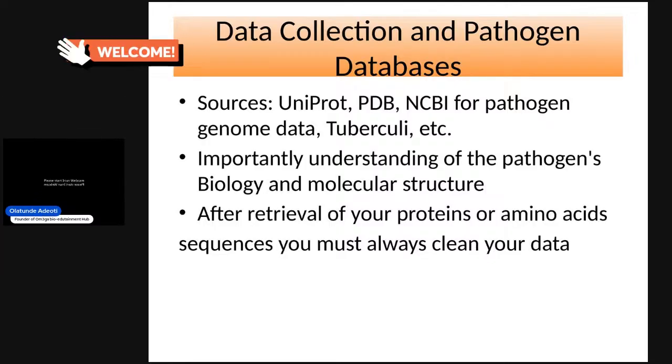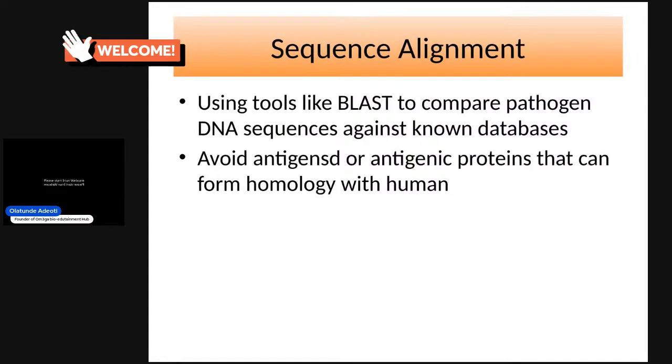Then after you must have gotten your data from all these databases, the next thing is that you should be able to retrieve your data. You have to clean your data. Then you have to know what is called sequence alignment by the use of BLAST. This should not be the first time you are hearing BLAST. That is the Basic Local Alignment Search Tool, to compare different pathogens and their DNA sequences. Then you have to avoid an antigen, or antigenic protein, that can cross-react with a human antigen.